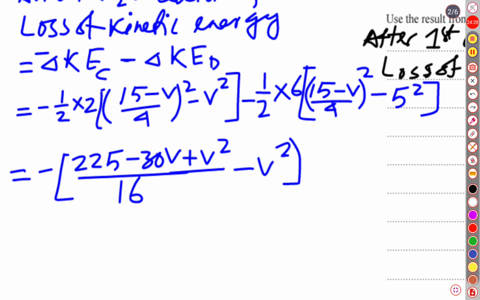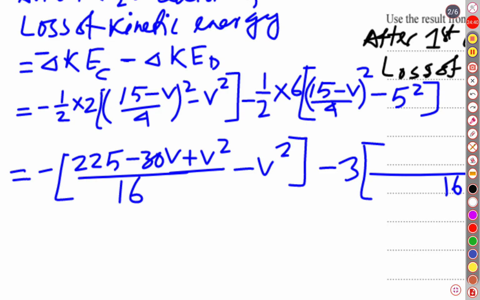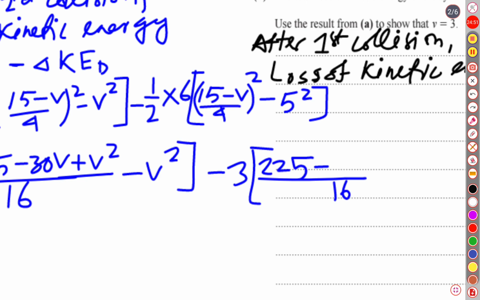So the first part has been completed, then the second part. If we divide 6 by 2, this is 3, and similarly this is going to be 16 over (225 minus 30v plus v square), and finally minus 25, because 5 square means 25.